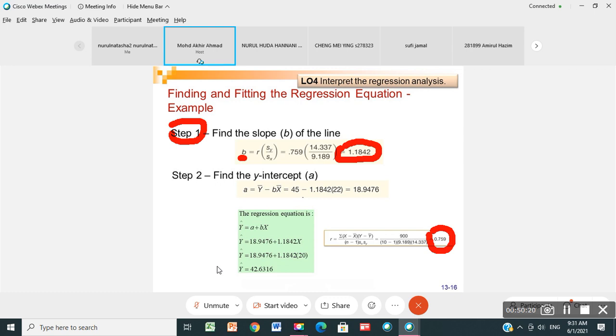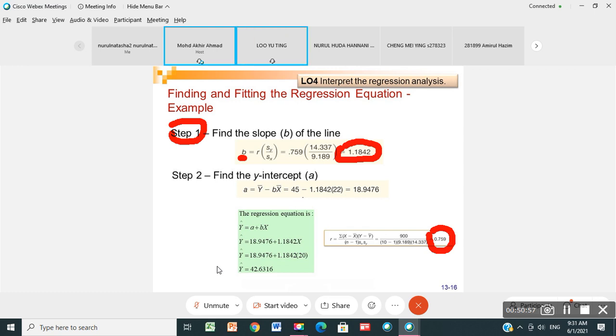Okay, let's try the calculator. Lu, do you have a calculator? Yes.